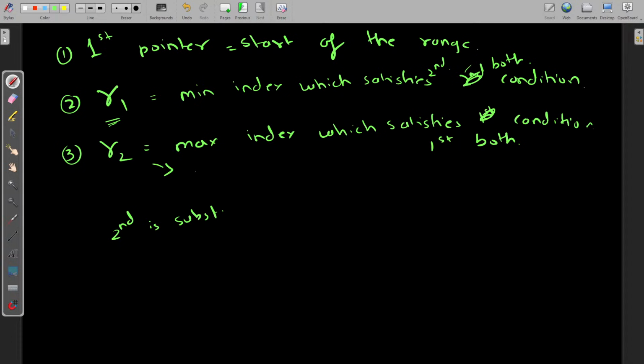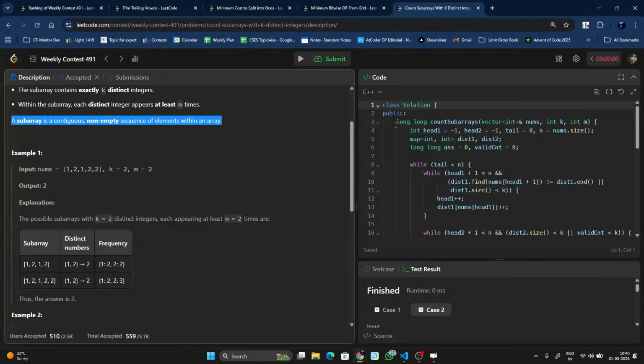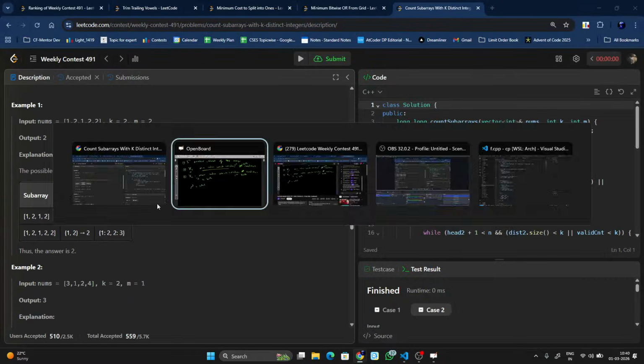So these are satisfying both conditions, but the boundaries are defined like this: R1 is the minimum index which satisfies the second condition, and R2 is the maximum index which satisfies the first condition. It's clearer to code it that way to get a better mental model. So that's what we will be doing in our code.